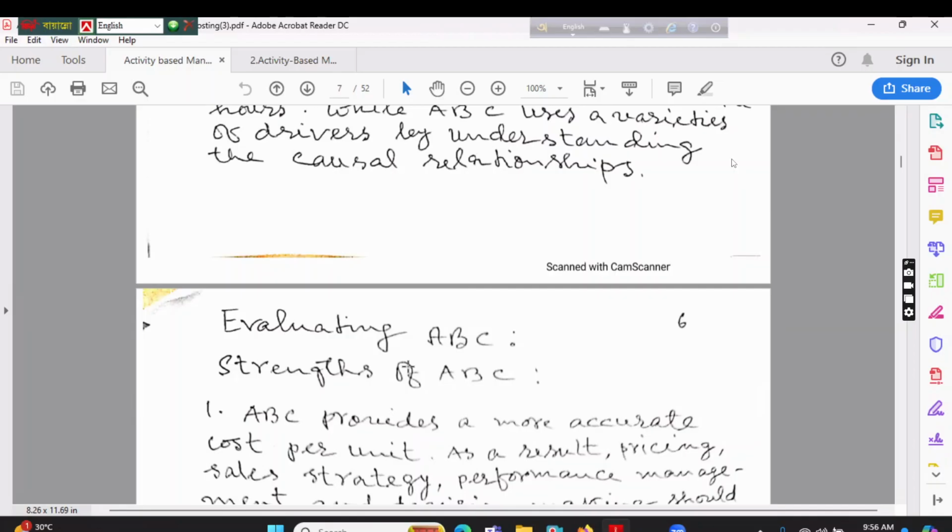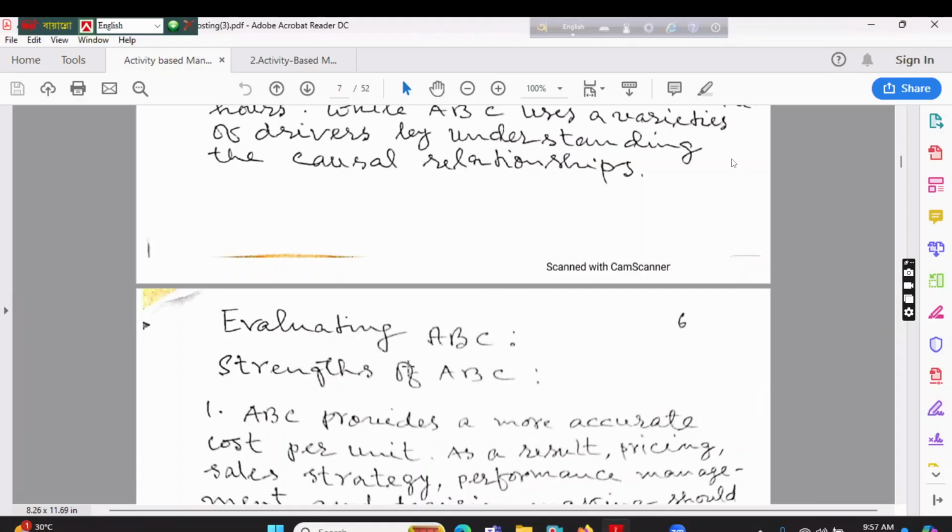Evaluating ABC, that means evaluating activity-based costing. In evaluation, we find strengths and weaknesses of the ABC system.